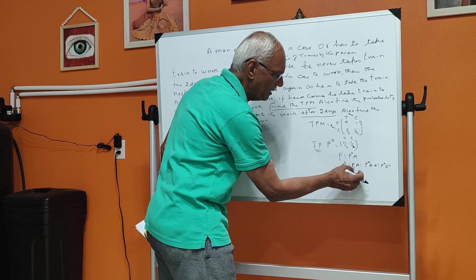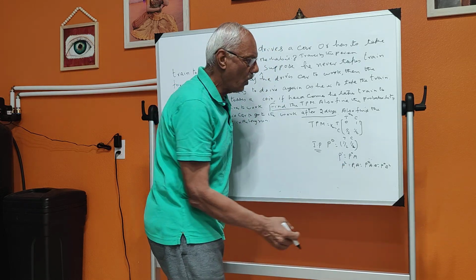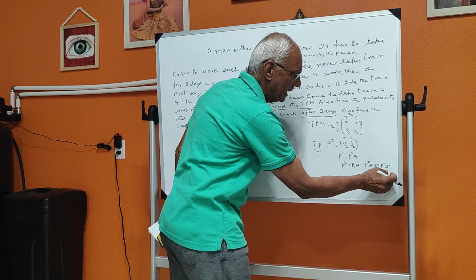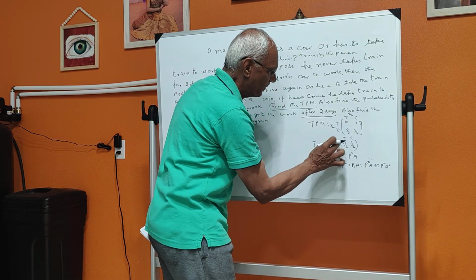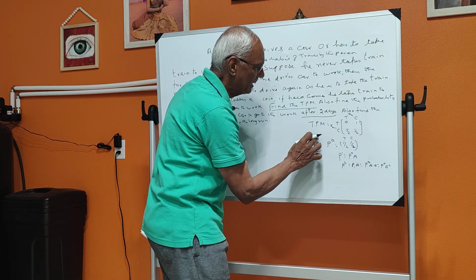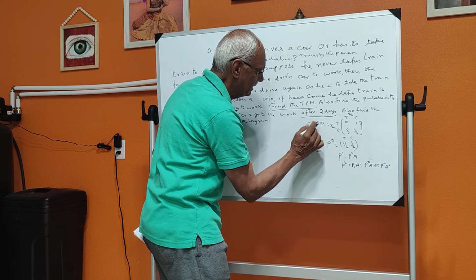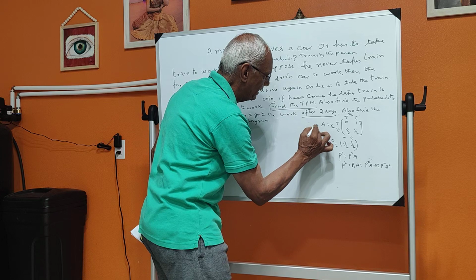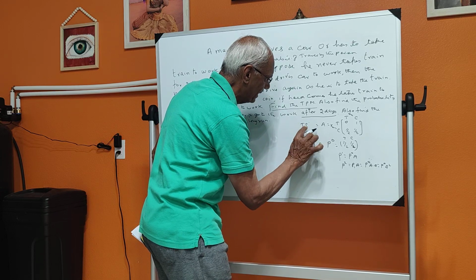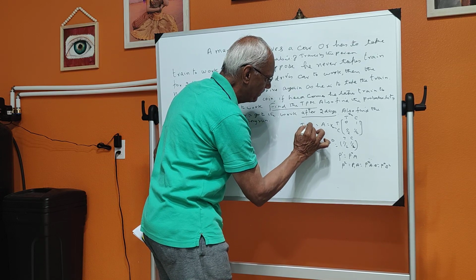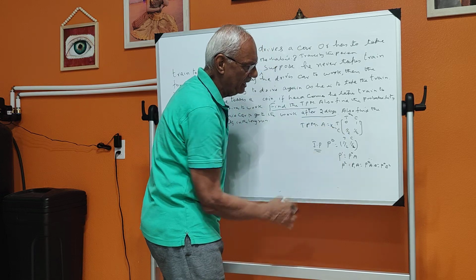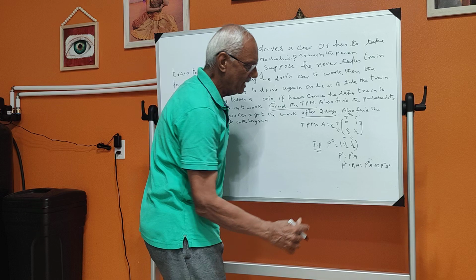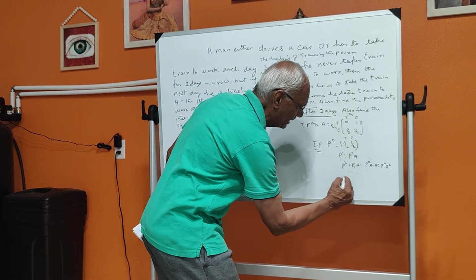So you can either find P1 of A, or you can go for P0 of A square. That means you have to calculate this A square, multiplying this transition probability matrix, which is your A, by itself. Then you multiply it with P0, and you get this. And like that, you go on doing this.